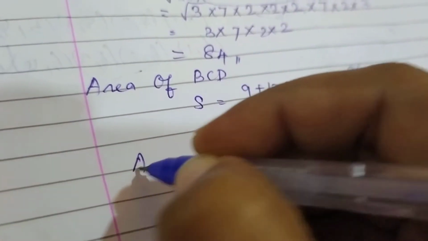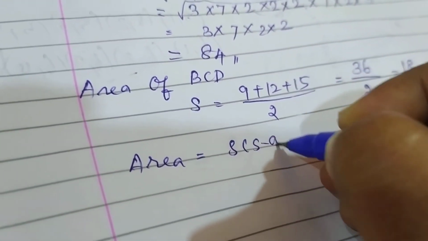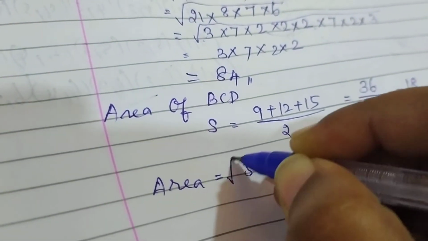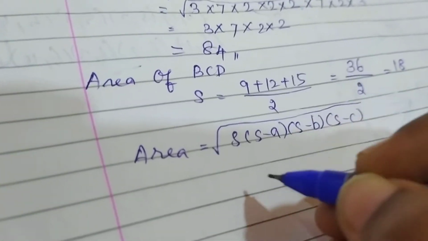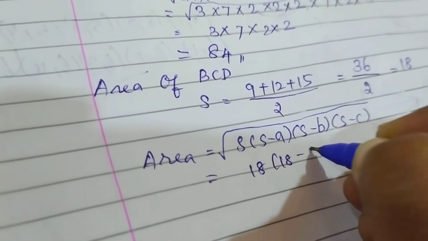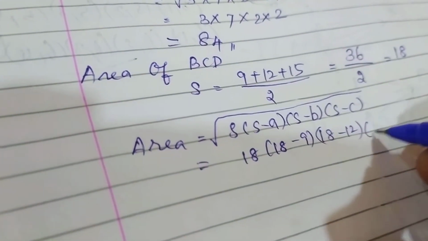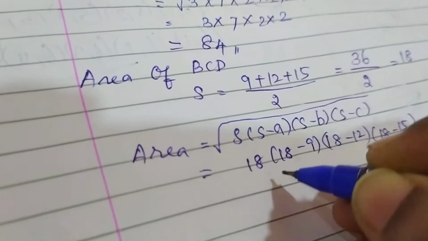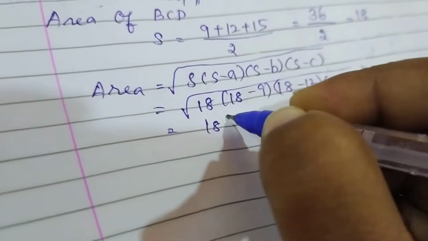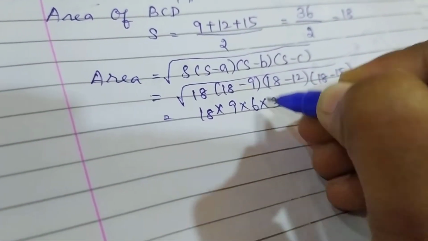So area is equal to root of S into S minus A, S minus B, S minus C. S is 18, so 18 minus 9 is 9, 18 minus 12 is 6, 18 minus 15 is 3.